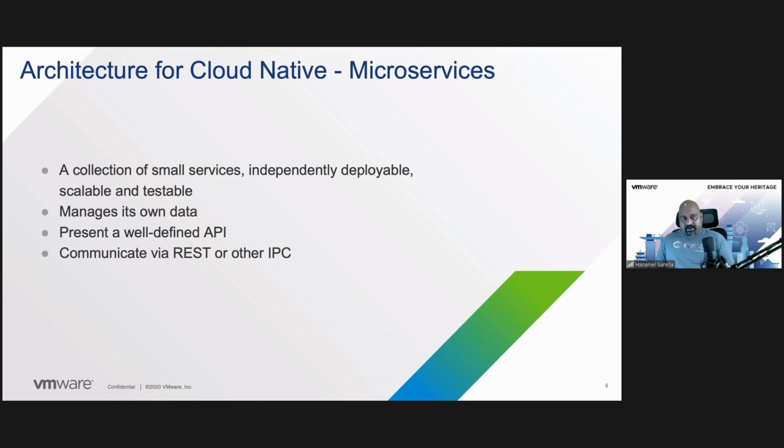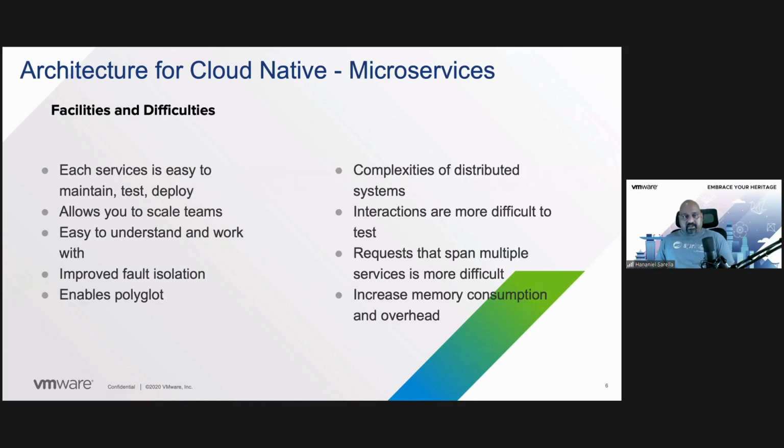From there, we discovered that breaking these things into small independent services with a well-defined API, and giving each microservice team ownership of its own data, helps you deliver software faster into production. That's the benefit of this. And typically these communicate via REST or some other inter-process communication methodology.